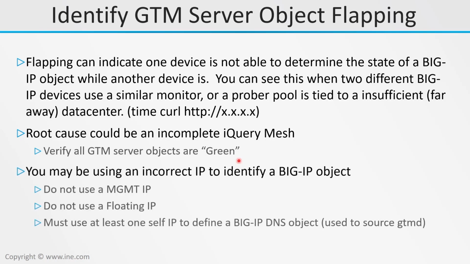We want to make sure we're using the correct IP address when we set up the GTM BIG-IP object. We don't want to use the management IP of the GTM. We don't want to use the floating IP. What we want to use is at least one self IP address to define the BIG-IP DNS object, and this is going to be used to source gtmd requests for iQuery.